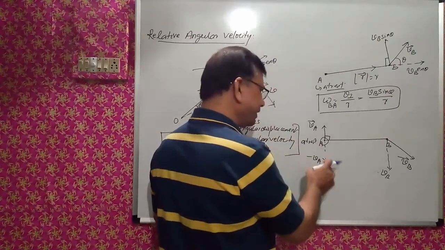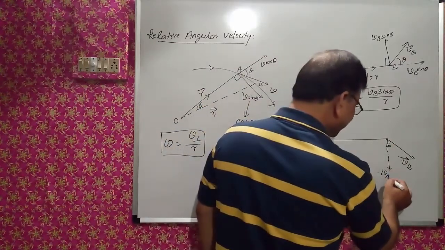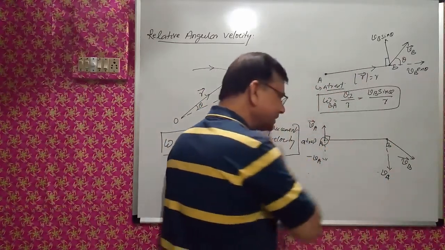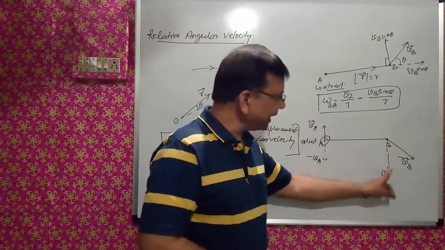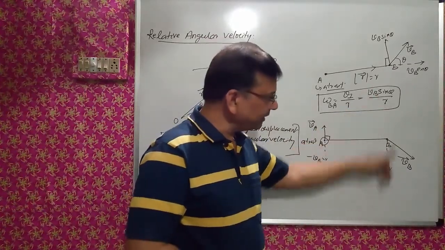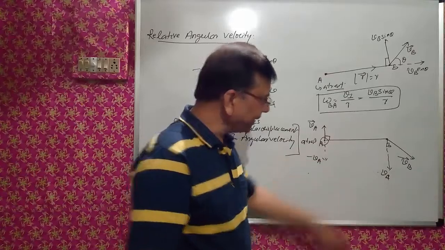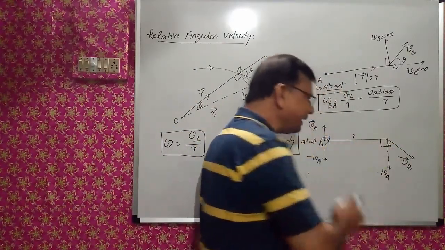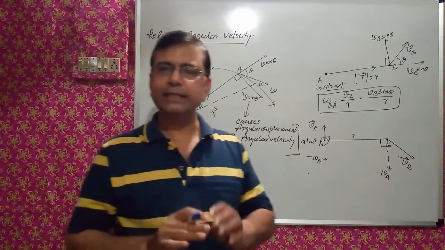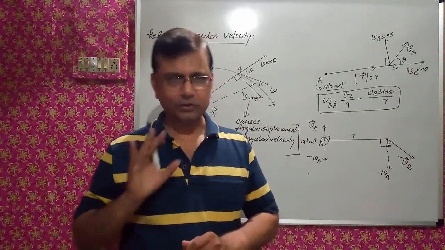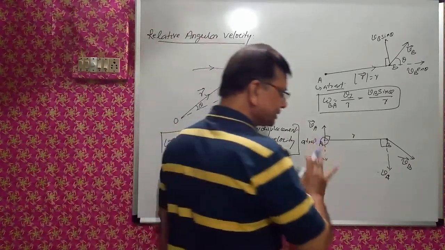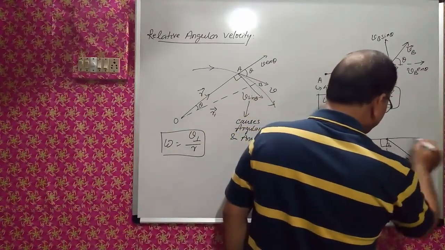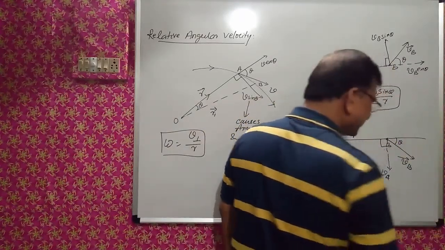Now this has come to rest, then whatever total velocity which is perpendicular to this r will be causing the angular velocity. So here two velocities are there, Vb in this direction making angle theta.